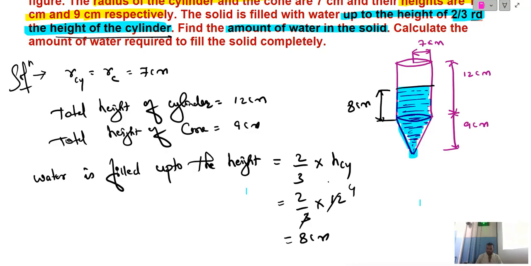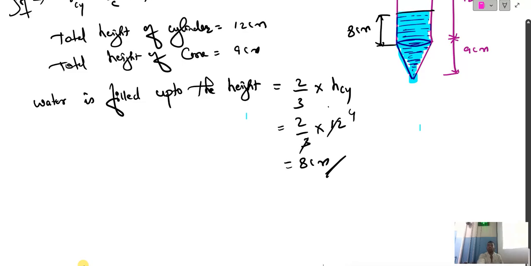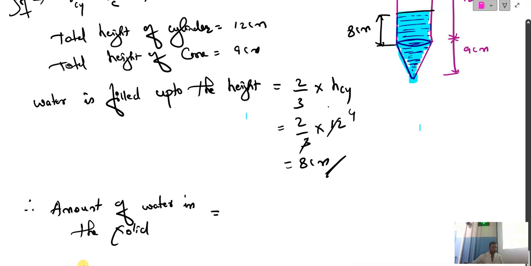How will you calculate? Understood till here? Now we can say that the amount of water in the solid equals... Now see children, here we have to find the curved surface area or volume?